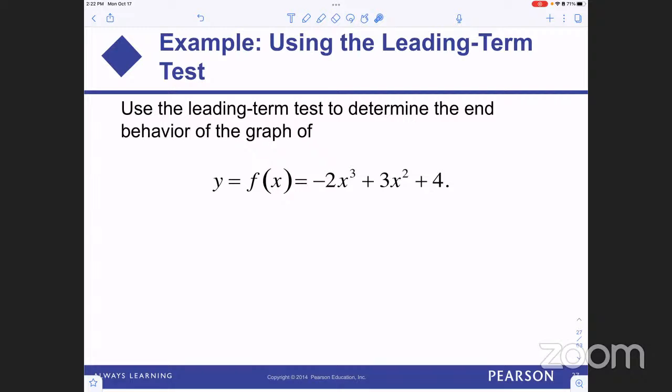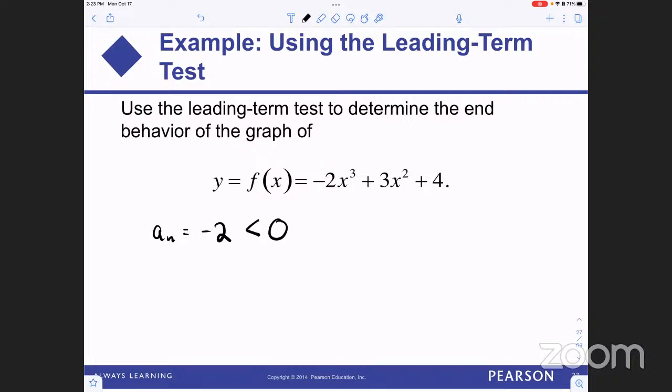Use the leading term test to determine the end behavior of this graph, right? So, 2 pieces of information that we need. The leading term, so let me see, our a sub n, which is going to be -2 in this case. Notice that this is negative, it's less than 0.